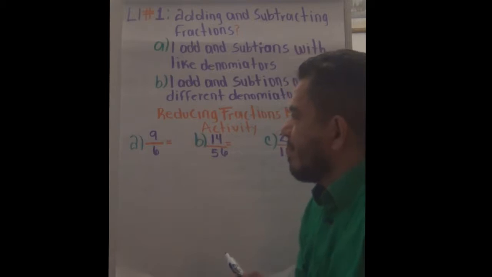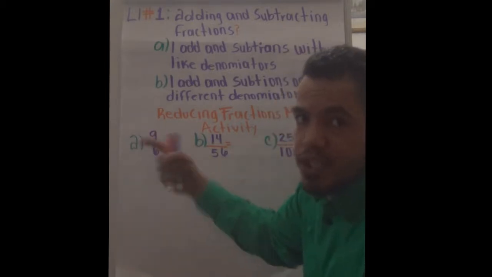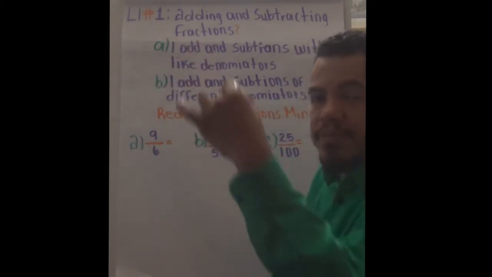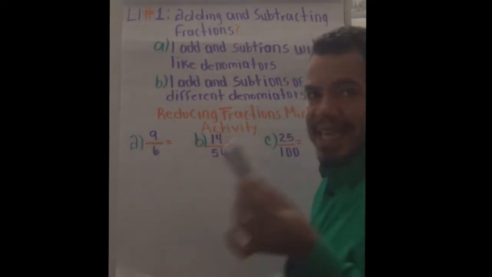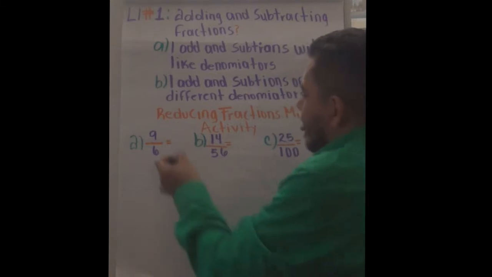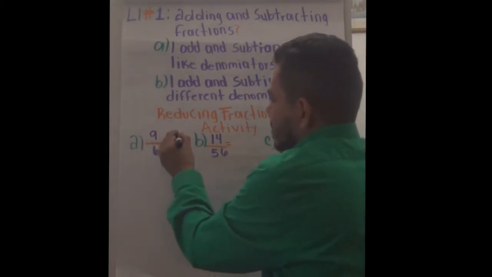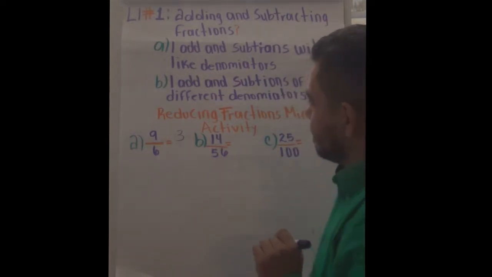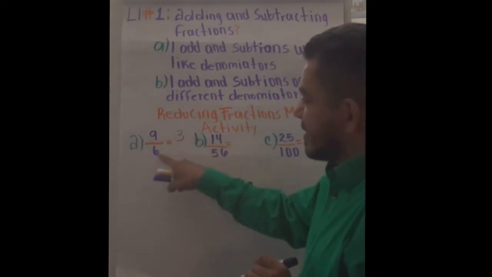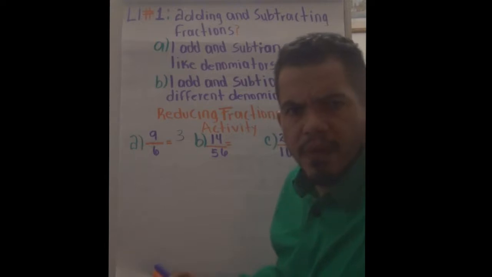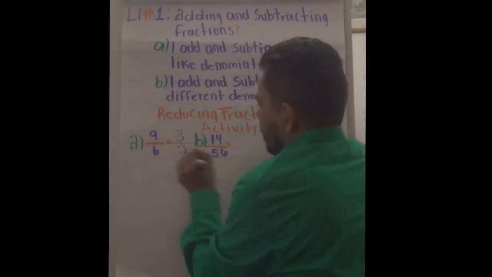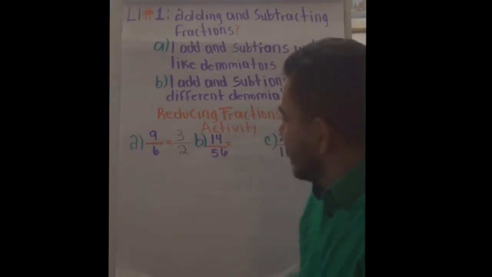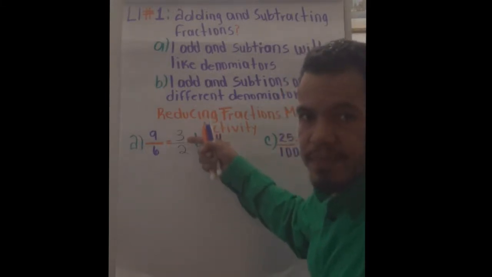No. 6 can, but 9 can't, so you can't reduce it by 2 because you have to be able to do top and bottom. Let's try 3. Can 9 be divided by 3? Well, 9 divided by 3 is 3. Okay? Now, can 6 be divided by 3? Of course it can. 6 divided by 3 is 2. And now, this is your fraction in simplest form.